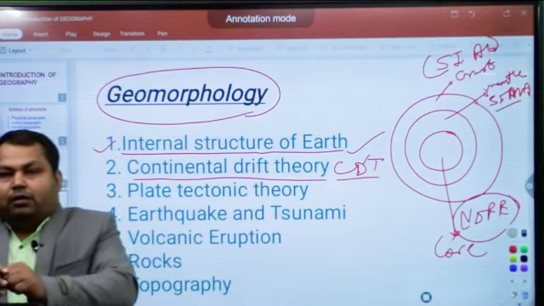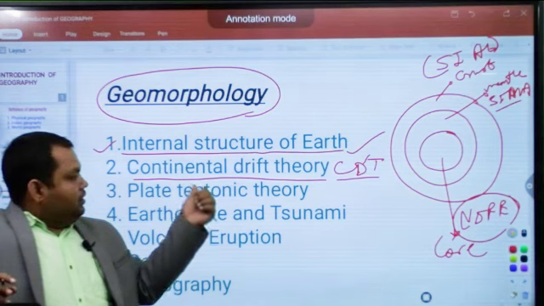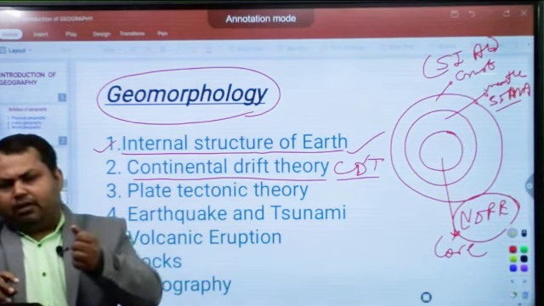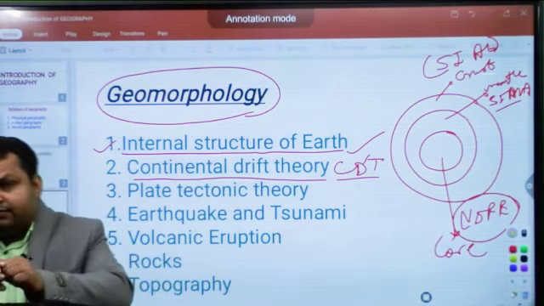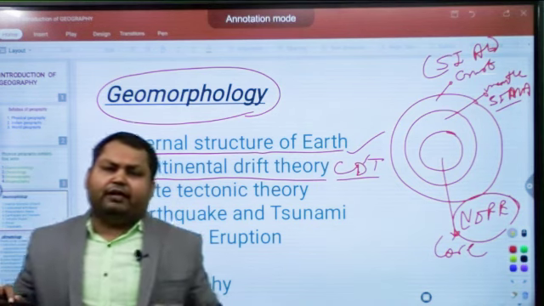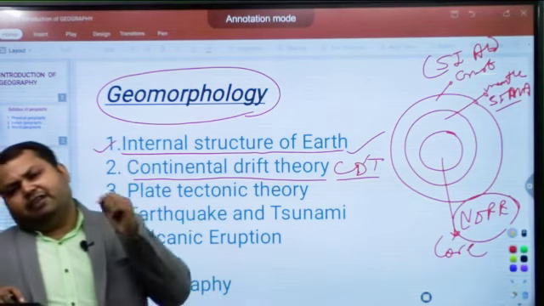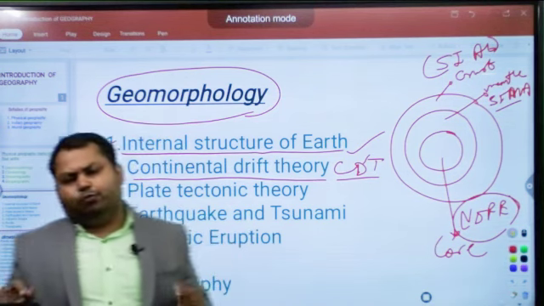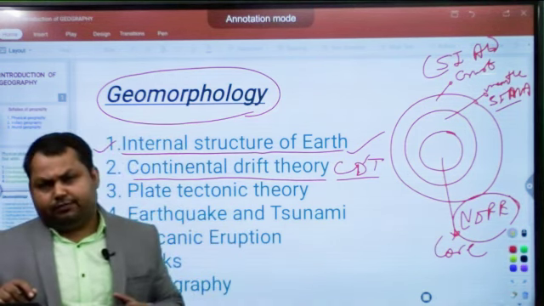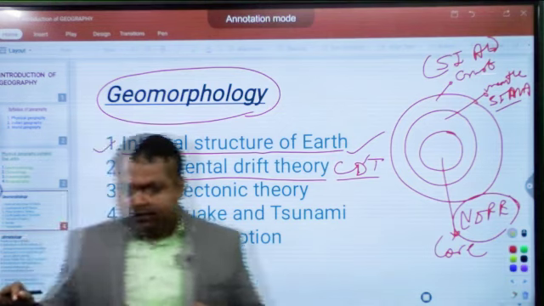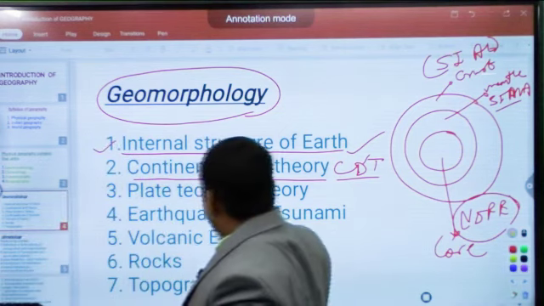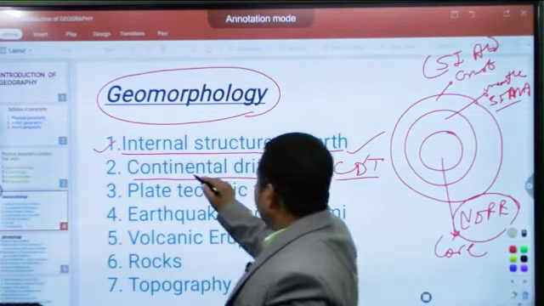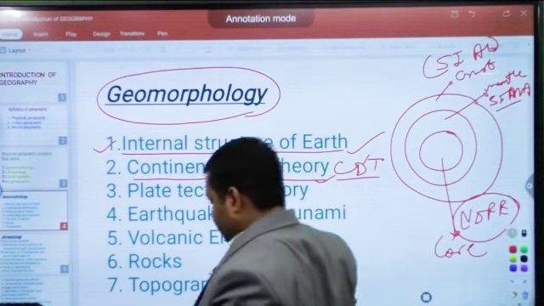There is a scholar named Alfred Wegener. Alfred Wegener suggested very first about the movement of the land masses, and he considered the movement of continents.